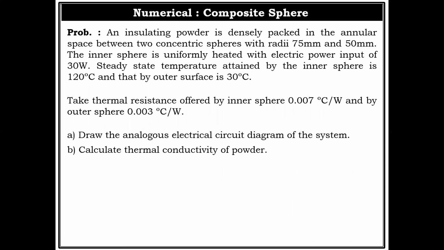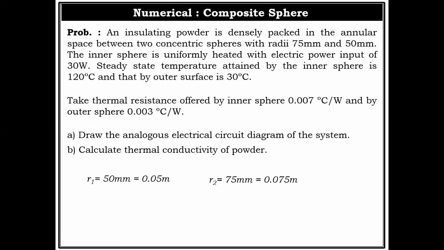The statement says an insulating powder is densely packed in the annular space between two concentric spheres with radii 75 mm and 50 mm. So first, the inner radius R1 is 50 mm, which equals 0.05 meter. The outer radius R2 is 75 mm, so 0.075 meter. The inner sphere is uniformly heated with an electric power input of 30 watt.